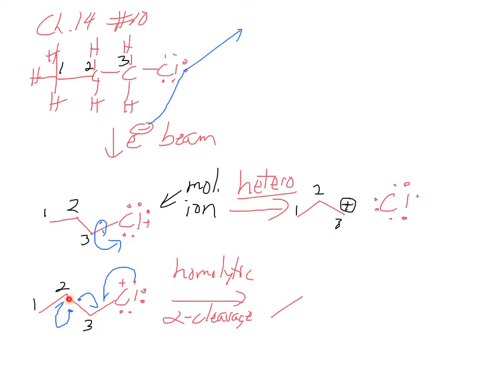I picked that one because that's the most likely one to break versus a CH bond. Usually CC bonds break first. This is particularly difficult because we don't give you the mass of the product. If I told you the mass of the resulting fragment, that'd be easier to pick out which bond needs to be broken. Okay, good.